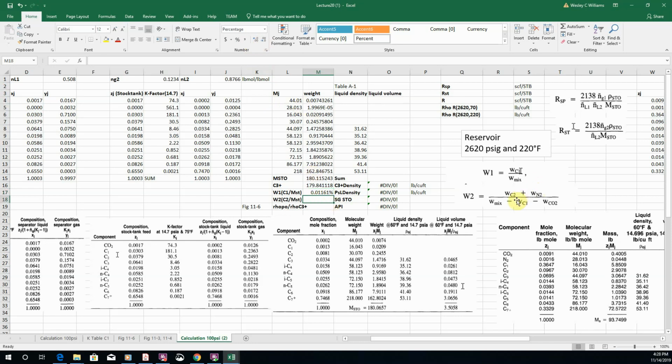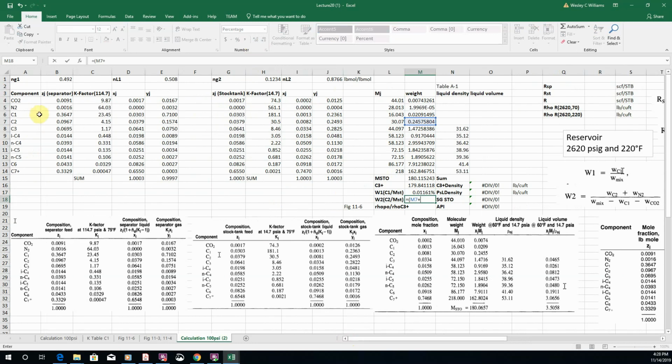So now we need to do this formula. That is equal to the ethane component plus nitrogen. Let me go remind myself of which one it is. Here's nitrogen.